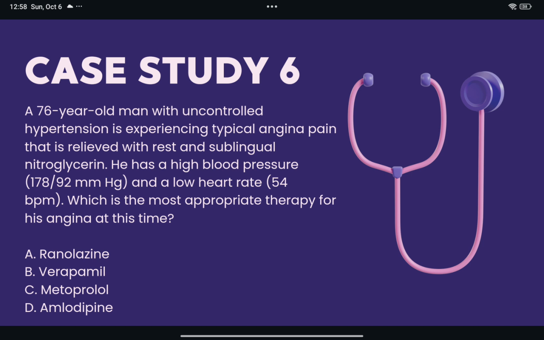When you have to treat hypertension, among these, amlodipine is the best choice because it will improve angina, help in hypertension, and have no effect on heart rate. Verapamil and metoprolol will decrease heart rate more, and should not be given when you have bradycardia. Ranolazine will help angina, but it has no effect on hypertension. So option D is correct.